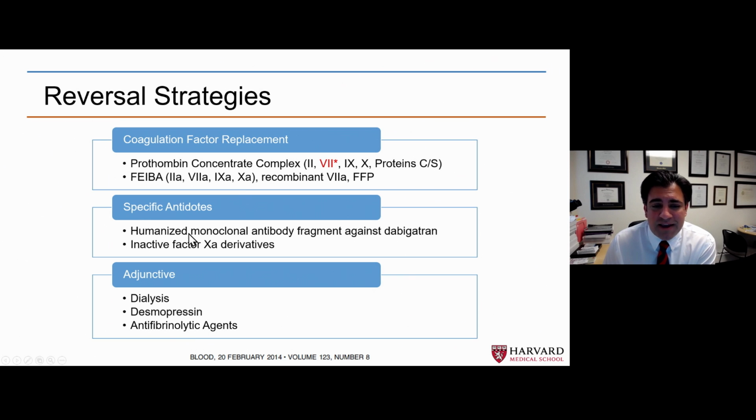We now have specific antidotes, a monoclonal antibody fragment against dabigatran known as idarucizumab, and then we also have the factor 10A derivative, andexanet alfa. And for some patients, they may require dialysis. You can use desmopressin, and antifibrinolytic agents can be used supportively, especially if it's an area with mucosal bleeding.